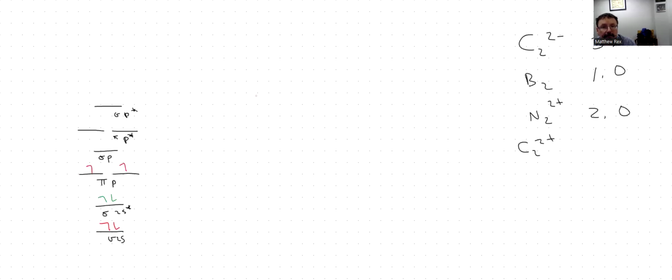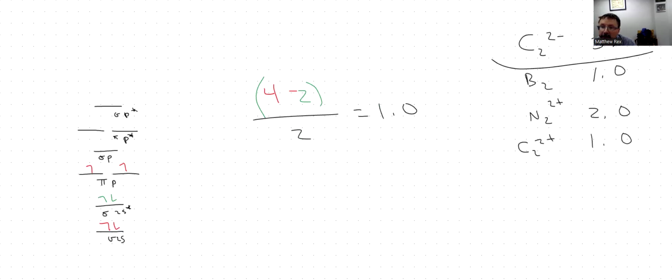So 4 electrons in bonding orbitals, 2 in antibonding. Bond order is 1. So which one has the highest bond order? C2 2 minus. Which one is going to be the most stable? C2 2 minus.